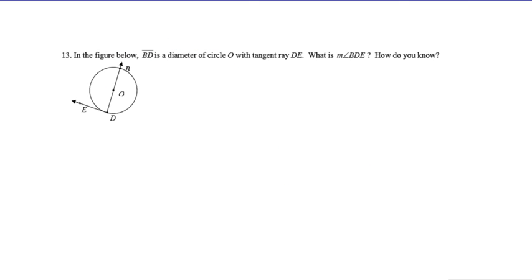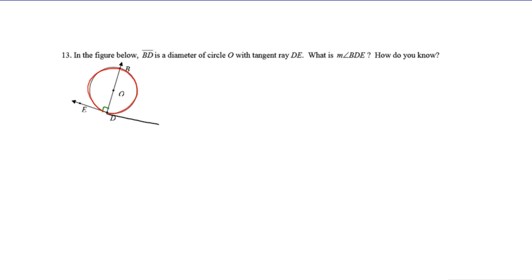Number 13, any radius that touches a tangent line is automatically a right angle. We know this because this arc is 180 degrees. Also, if we extend the tangent line, this arc on this side also has to be 180 degrees.